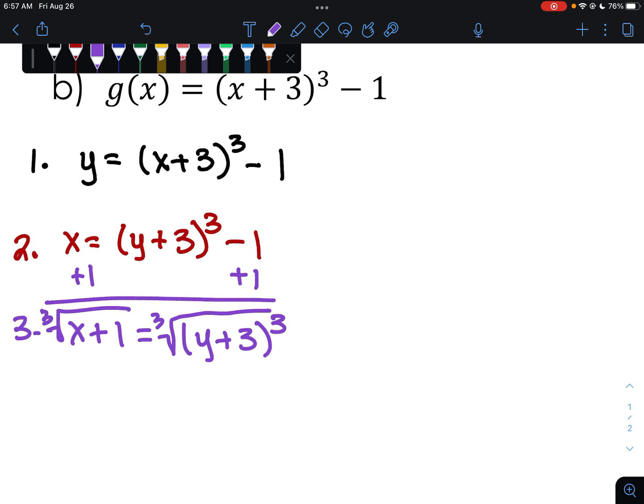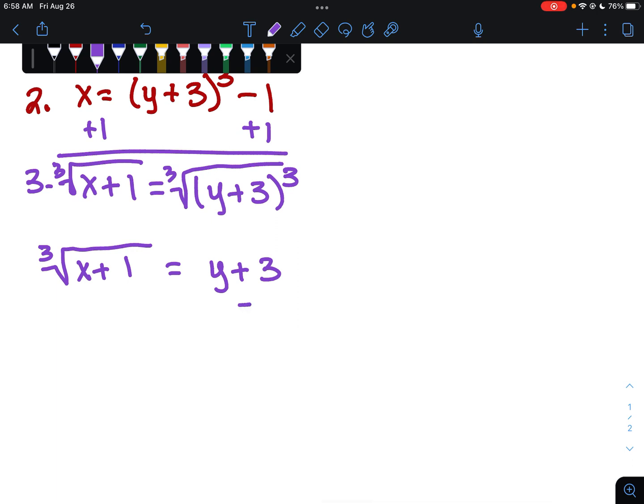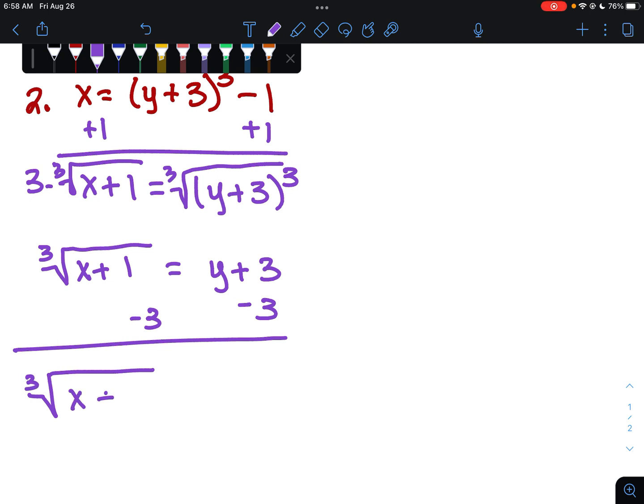So this time, because it's a cube root, it's an odd power, we don't have to do the plus or minus. So it leaves me with this. Now I need to get y by itself, so I subtract 3, but you have to be careful because that 3 does not go under the radical symbol. It does not go under the cube root. So I have x plus 1 under, and then minus 3 on the outside, and that gives me y.